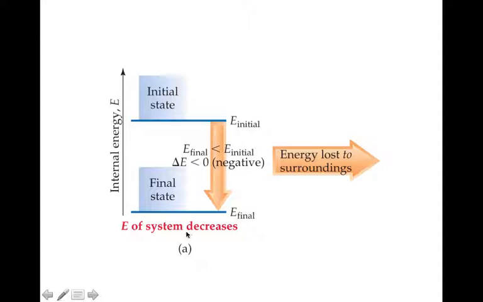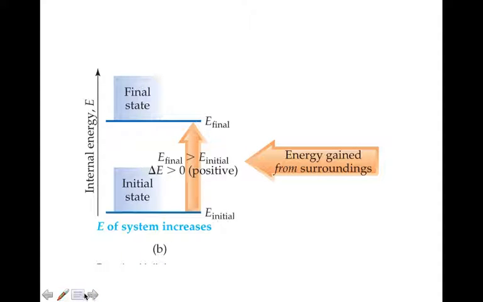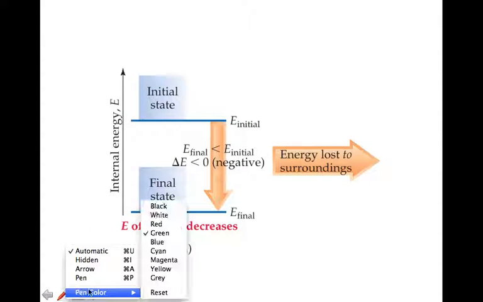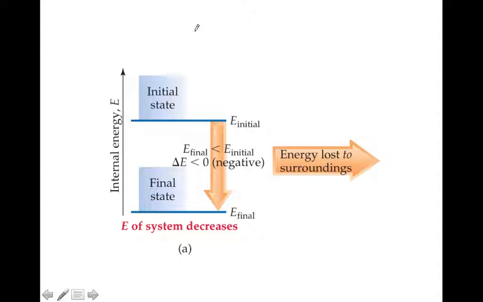Now if you would actually subtract that out, because the final is much less than the initial, let me write that out. Say you have delta E, your formula for change in energy, is equal to E final minus E initial.